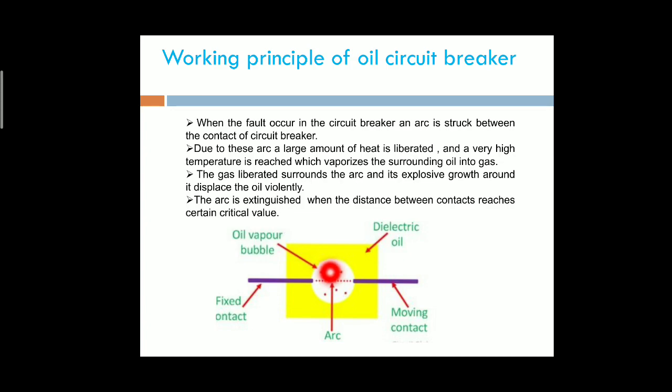At a very high temperature, the surrounding oil is vaporized and converted into gas. The gas surrounds the arc and its explosive growth around it displaces the oil.